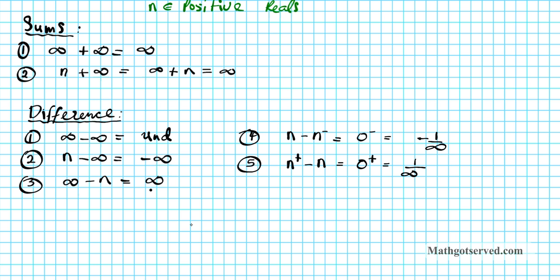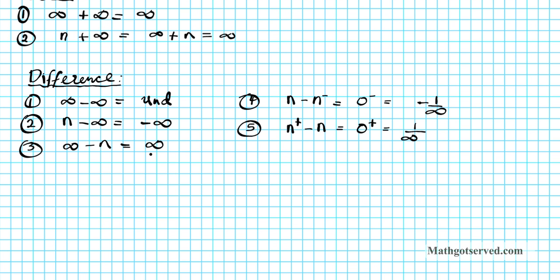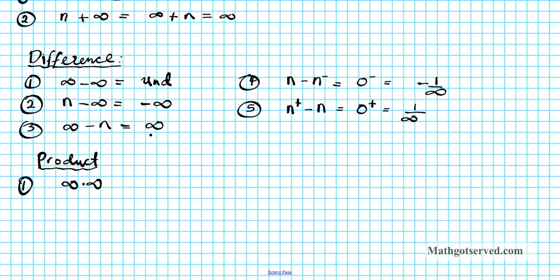All right, so the next set of arithmetic rules I'd like to take a look at is product, the product of numbers involving infinity. So, number one, what if we multiply infinity times infinity? Well, infinity times infinity is infinity squared, which is basically infinity.